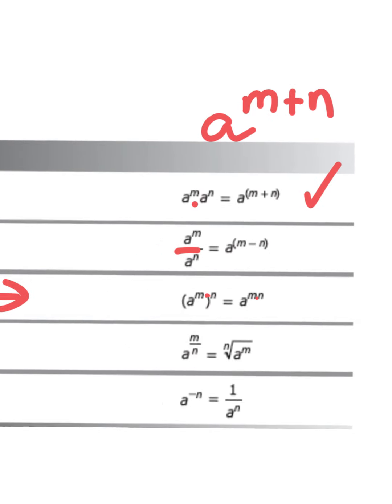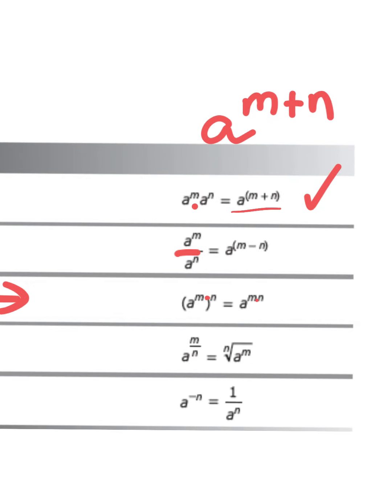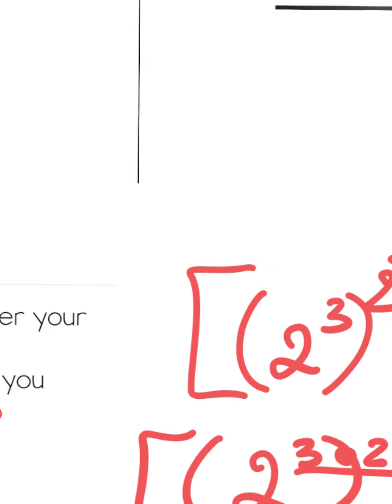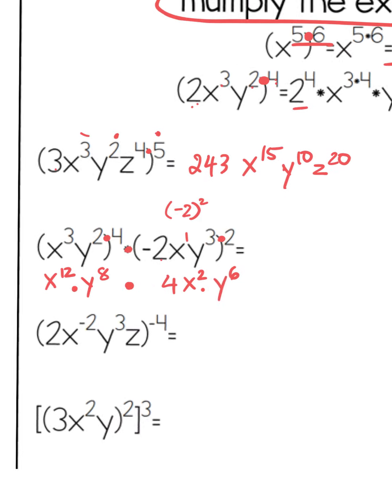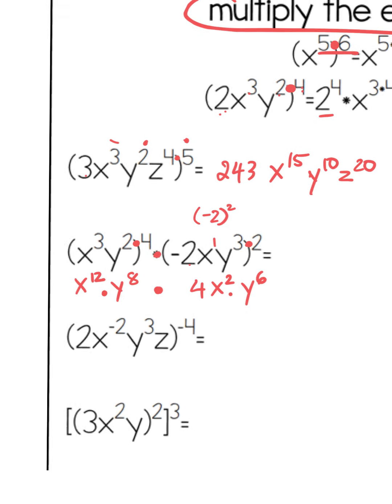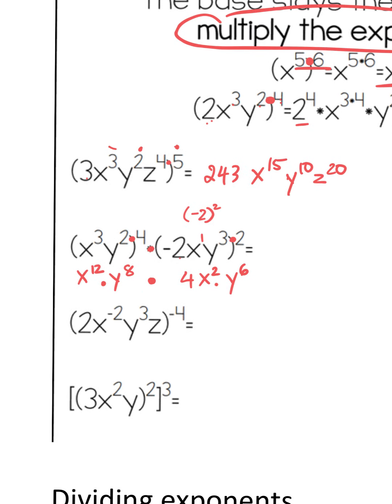Now they are multiplication, so we're going to use the product of exponents rule. To multiply, you add the exponents. So go back. x goes with x, so we have x squared and x 12.